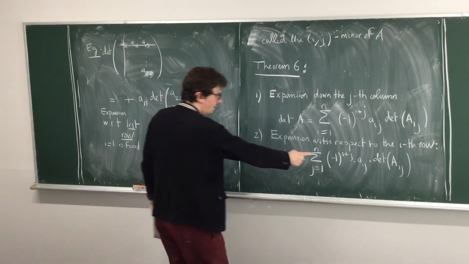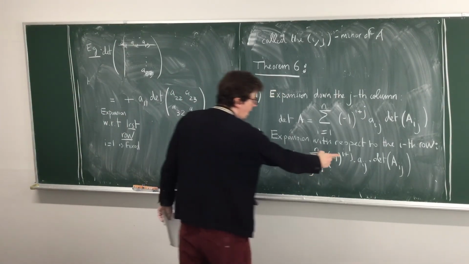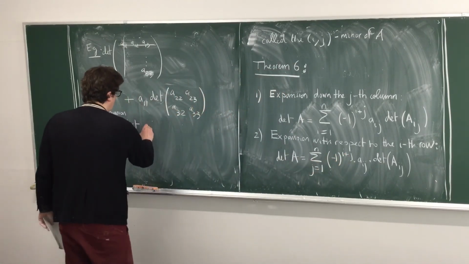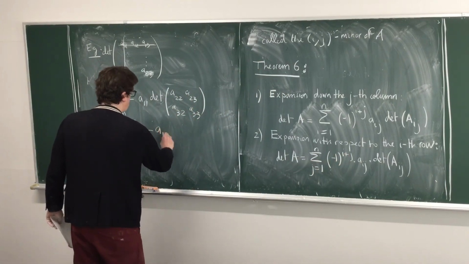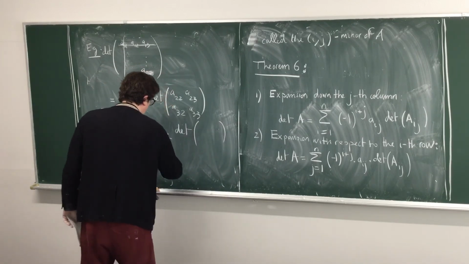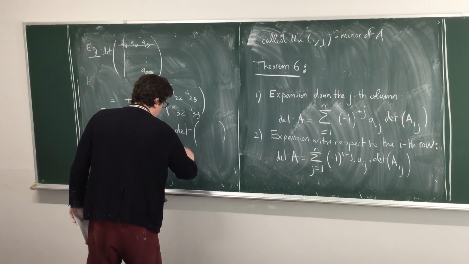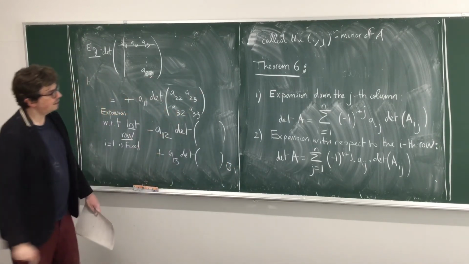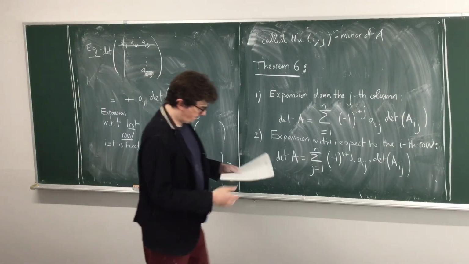The next term is j equal 2. So i equal 1, 1 plus 2 is 3. So I will get a minus a1,2. And then determinant of etc. Plus a1,3. Determinant of, yeah. You can check, you will find exactly this formula.